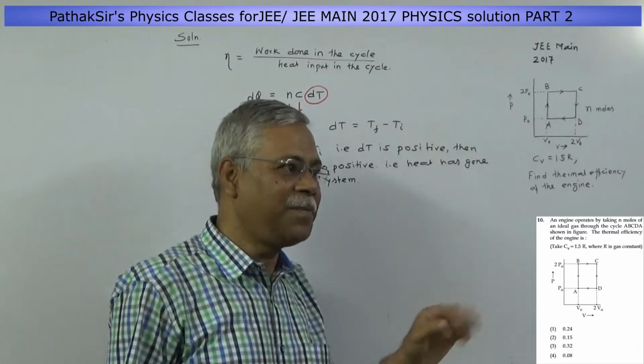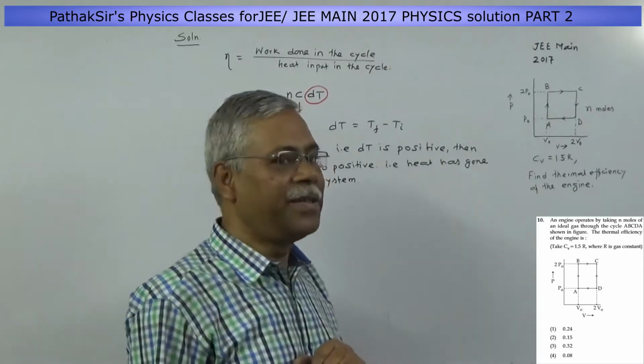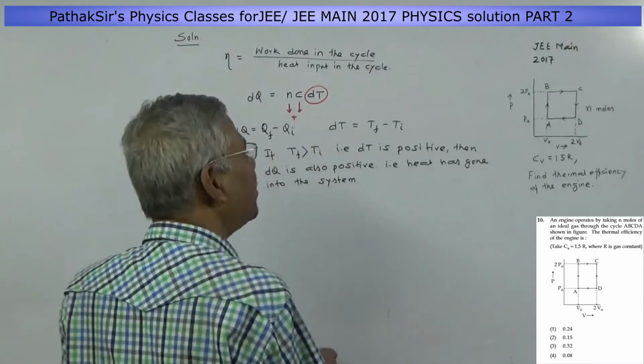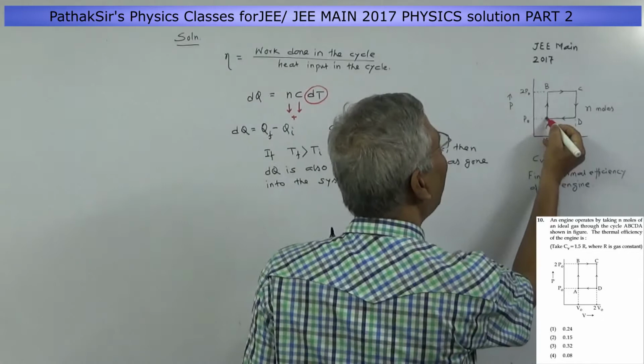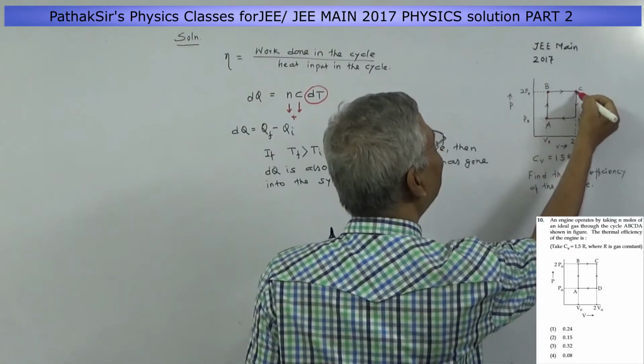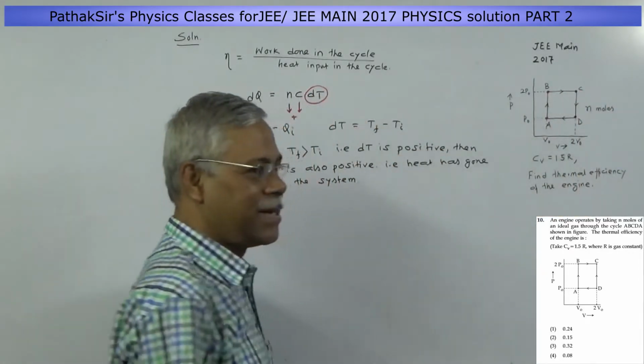Is this point clear? So first find the temperature at each of these 4 points. At the point A, at the point B, at the point C, at the point D.